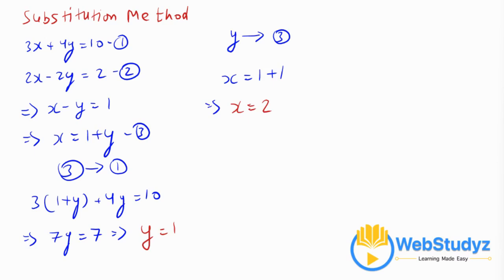Now move on to the third pair of equations, which are 3x minus 5y minus 4 equals to 0, and the second one is 9x equals to 2y plus 7.